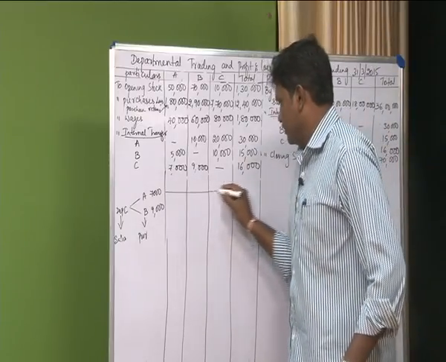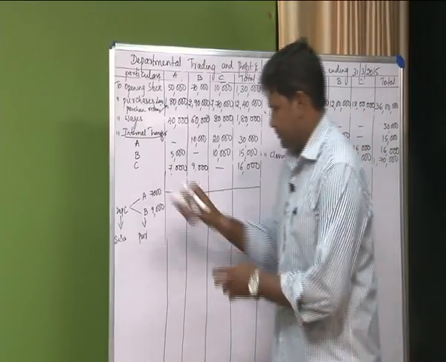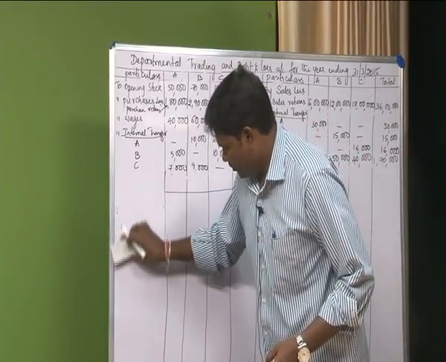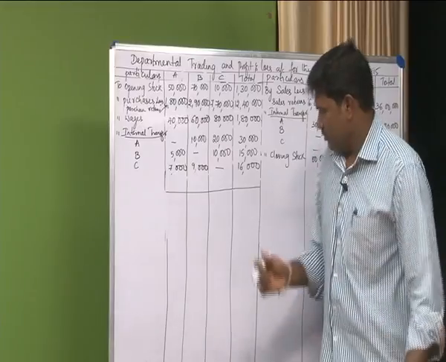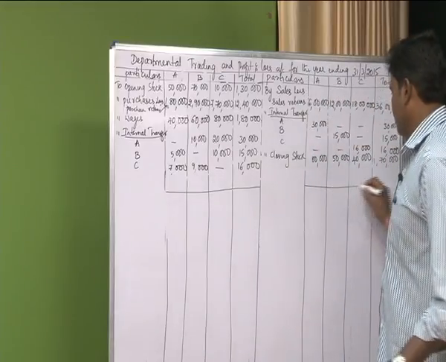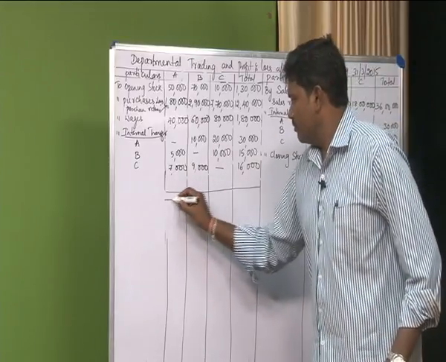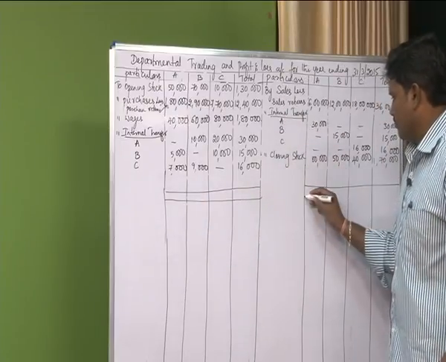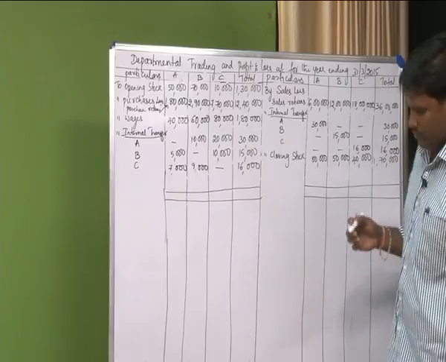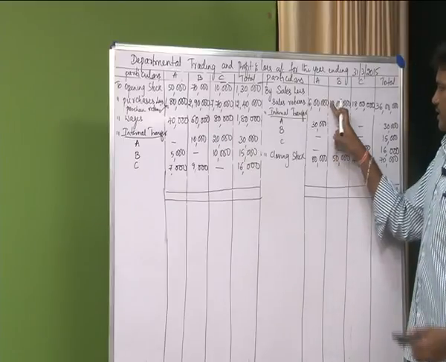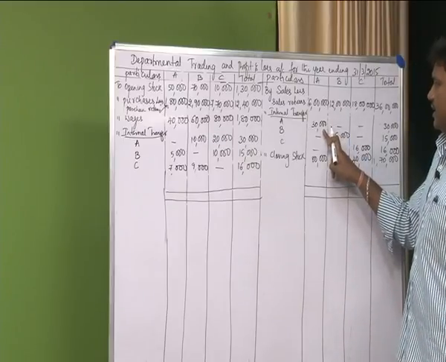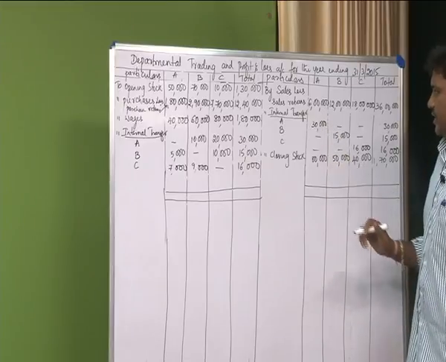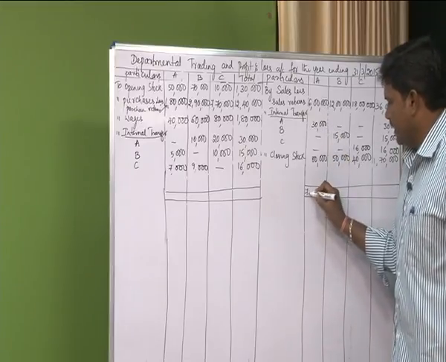So now we will total this. Total: 6 lakhs plus 30,000, 6 lakh 30,000 plus 80,000, 7 lakh 10,000.